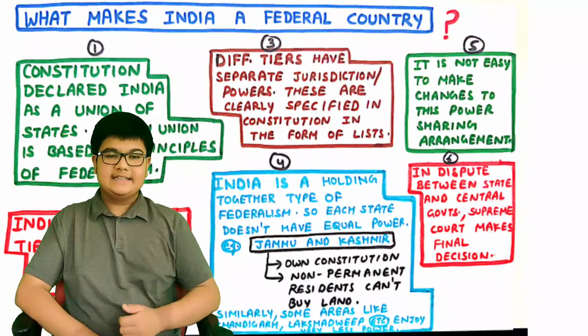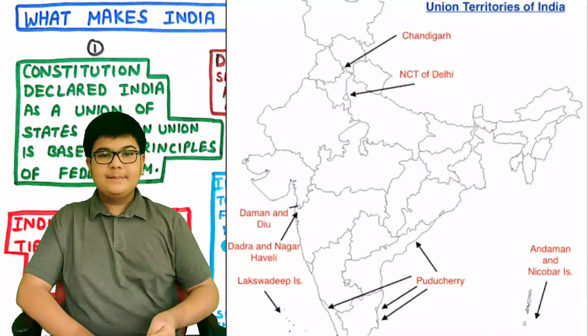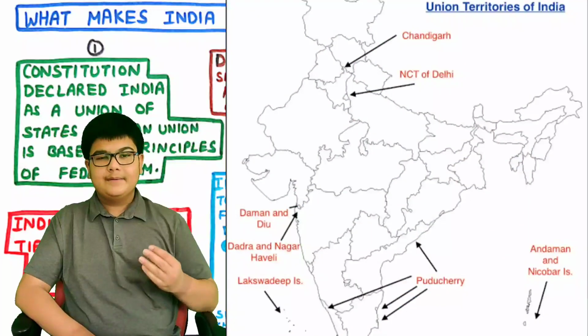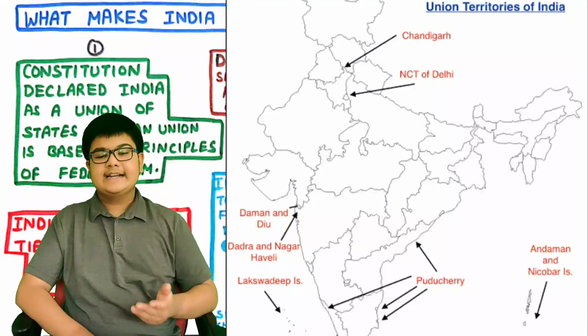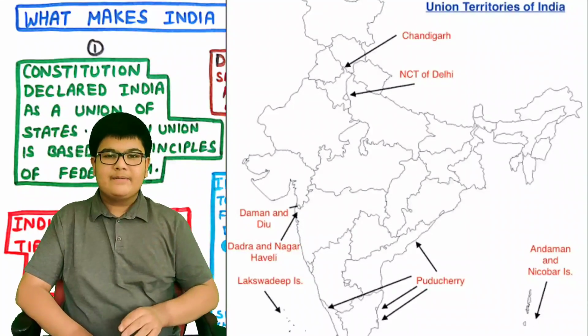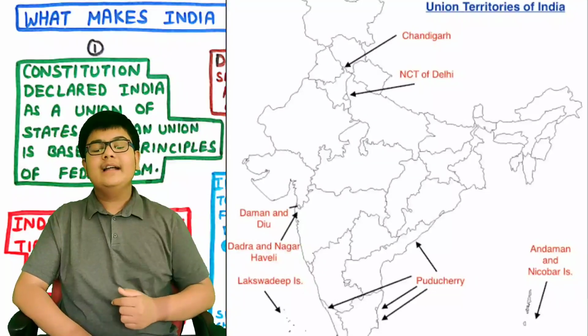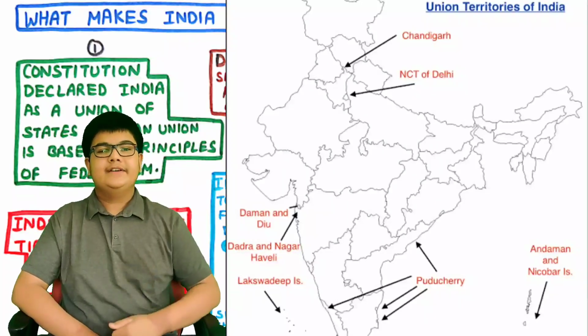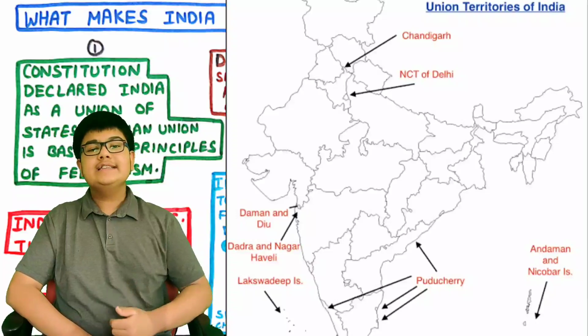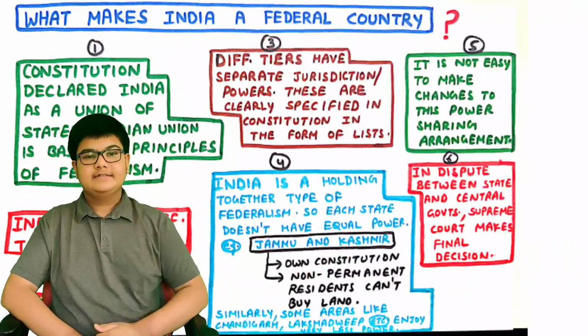Similarly, some territories such as Chandigarh, Lakshadweep, Andaman and Nicobar, Daman and Diu, Dadra Nagar Haveli, etc. enjoy very little power. They do not have the power of a state and are ruled and controlled by the central government. Such areas are known as union territories.